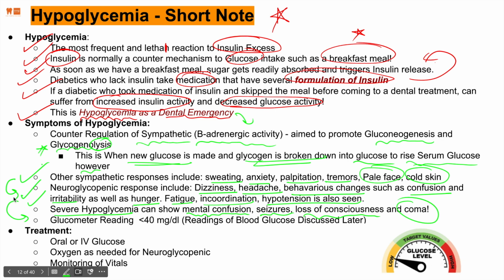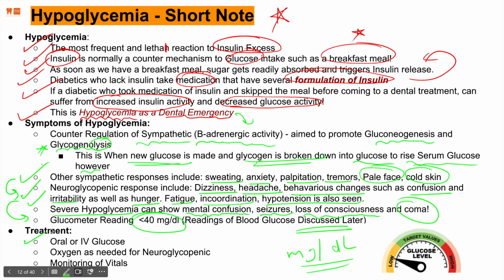In this case, a hypoglycemic reading on a glucometer will read less than 40 milligrams per deciliter. And we'll discuss that in a bit. Remember, milligram per deciliter is one way of measuring glucose.